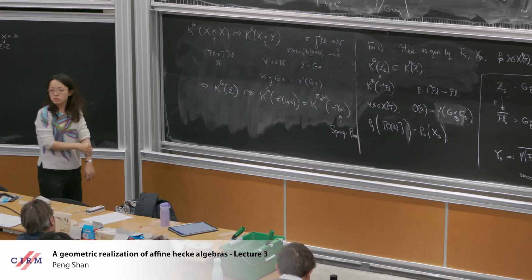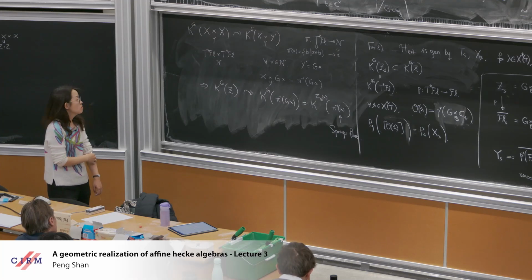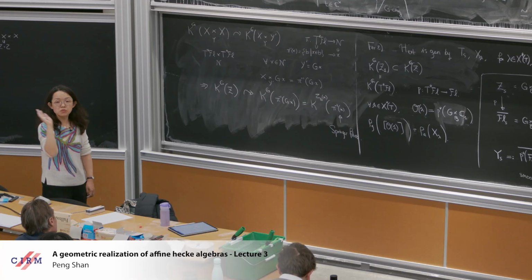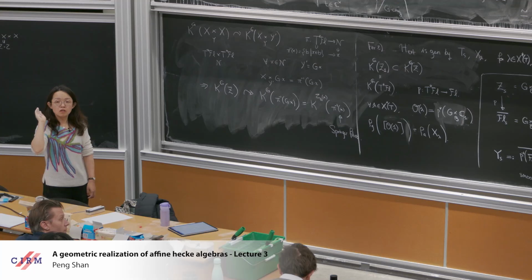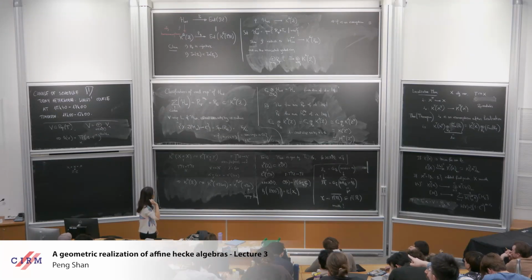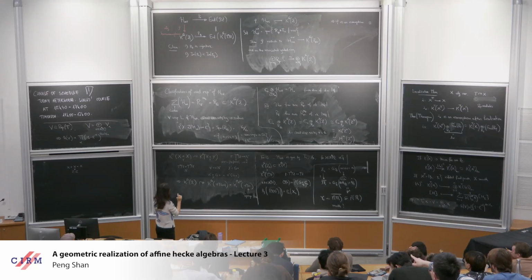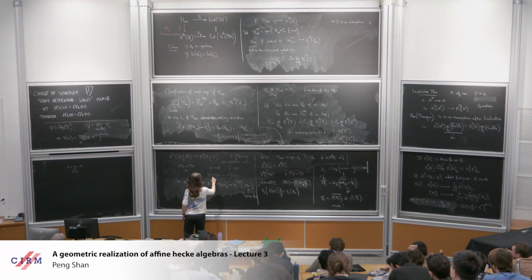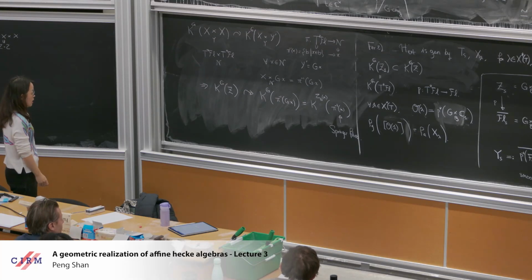Question: the product of X with the nilpotent orbit is over the nilpotent cone, right? Not Y prime. Oh, yeah, thank you. Yes. Yes. Okay.